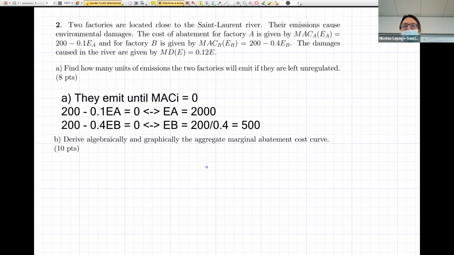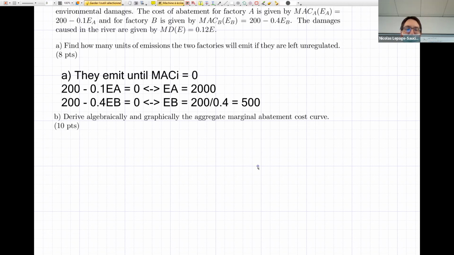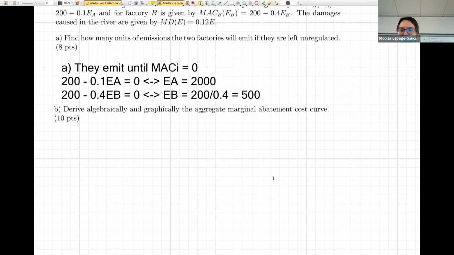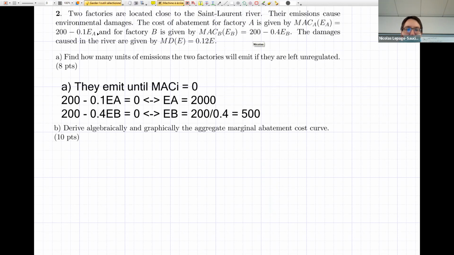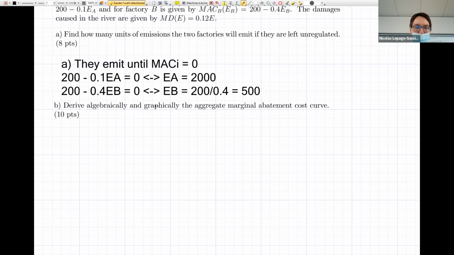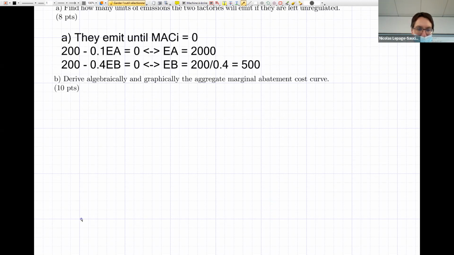But I'm going to tell you what's easy about it by just drawing them. So let's draw these two things: 200 minus 0.1 EA and 200 minus 0.4 EB. I have to get to 2000 for one, so that's going to be 2000.